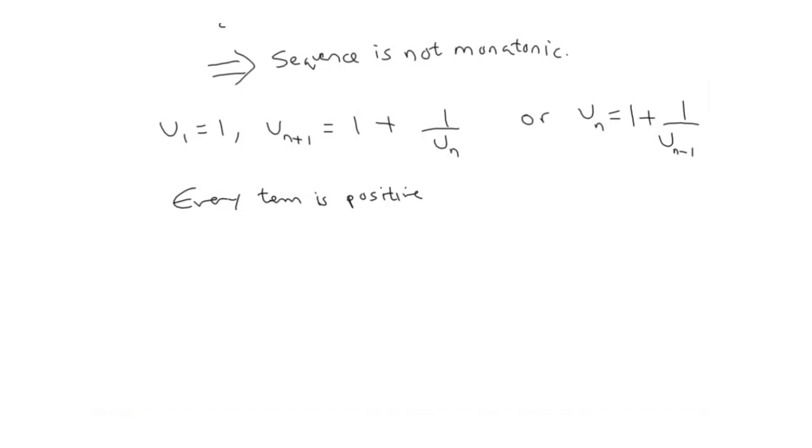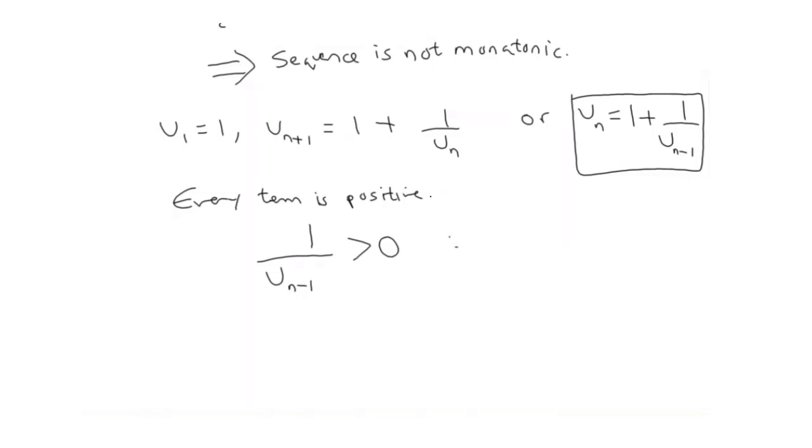Because we're just taking the previous result, taking a reciprocal of it, which won't introduce a negative, and then we're adding it to the number 1, which obviously won't introduce a negative either. So that tells us a few things, but one of the useful things it tells us is that the 1 over U(n-1) term is always going to be greater than 0, right? Just because it's positive, no other reason, because every single term you plug into this will be positive.